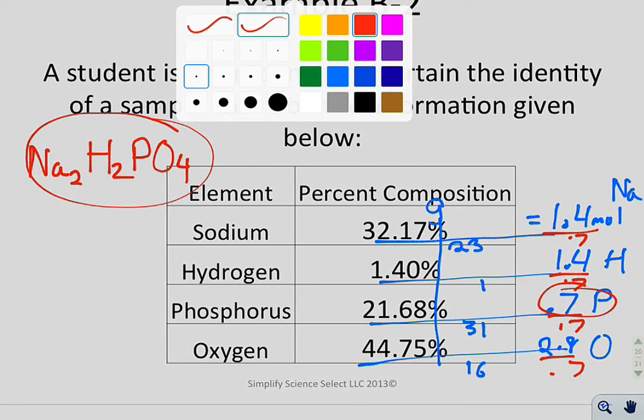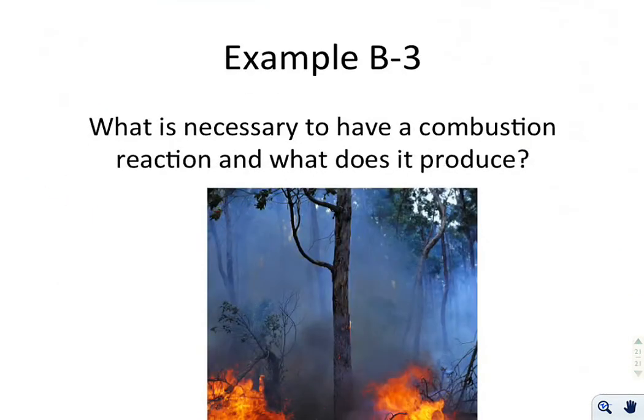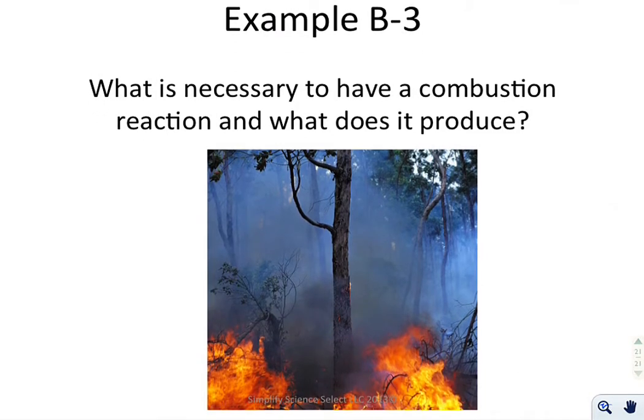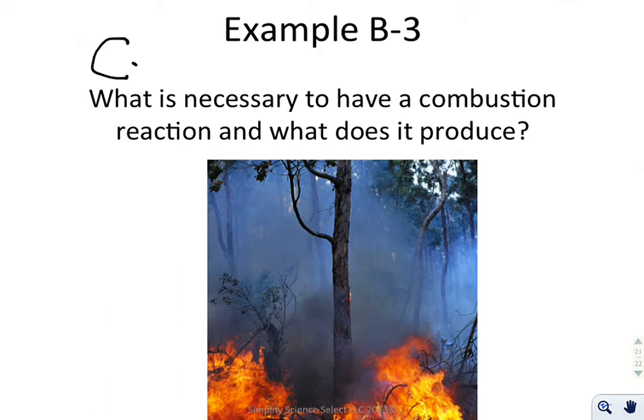The last example is very similar. It asks what is necessary to have a combustion reaction and what it produces. One of the things you need to know is that a combustion reaction is generally taking something like CxHyOz, where X, Y, and Z can be any numbers, including 0. For example, you can combust something like CH4.